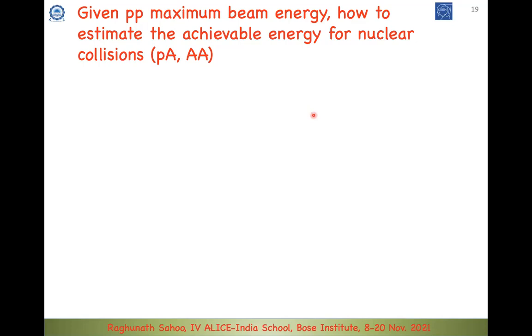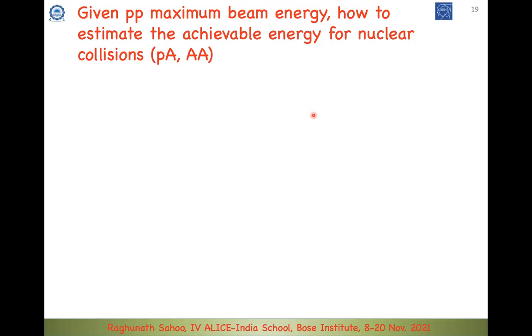Okay, so now let's see the next problem. These problems are frequently asked by many people, right? For example, given the pp maximum beam energy, how do we estimate the achievable energy for heavy ion collisions? If you consider the beam energies at LHC for pp collisions, what are the energies one can achieve for lead-lead, xenon-xenon, oxygen-oxygen, and p-oxygen or p-lead collisions? Is it abrupt?